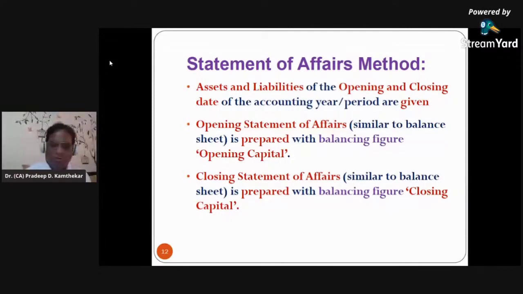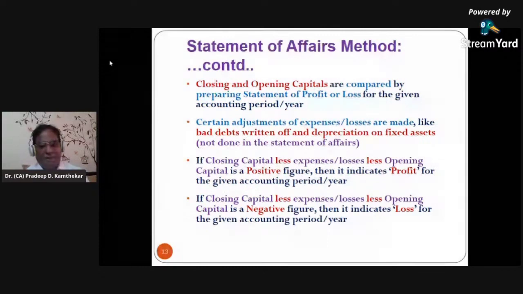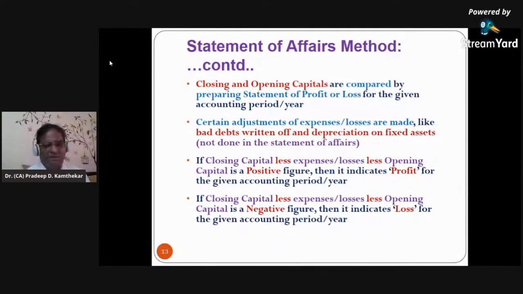Then we take that closing capital and opening capital, and we make a comparison. And while making this comparison, certain adjustments which are not dealt with, like bad debts written off, RDD provided for, depreciation on fixed assets, are dealt with in the statement of profit or loss for that particular year or period, which we'll see in the next slide.